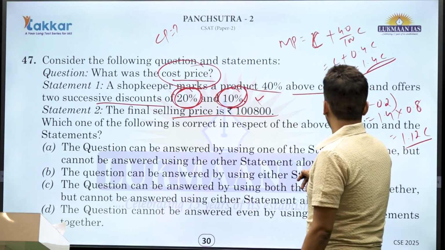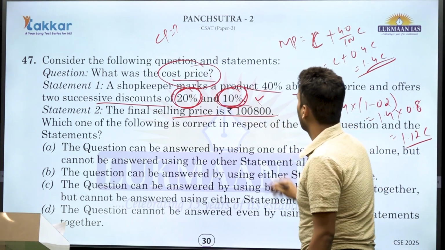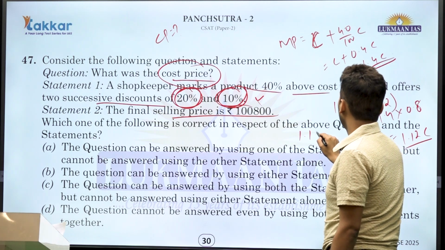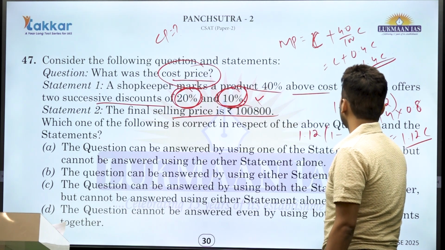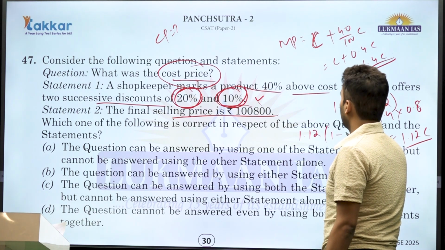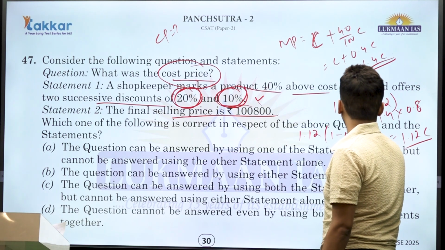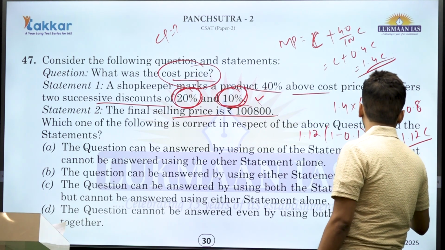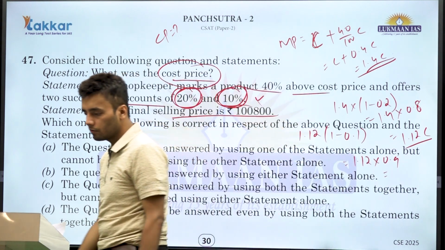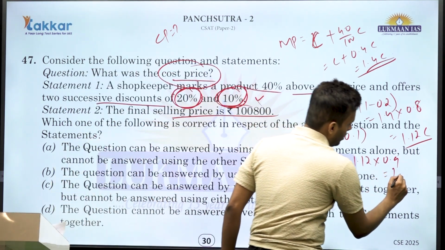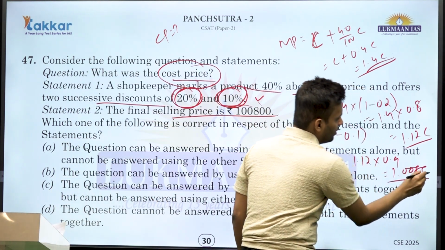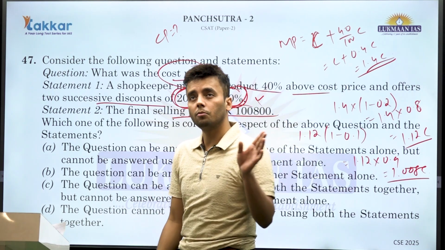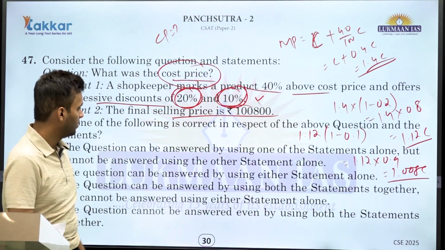Now another discount is given, 10%. So 1.12 into 1 minus 0.1, 1.12 into 0.9. After solving this, we will get 1.008C. This is the total information we can get from statement 1.